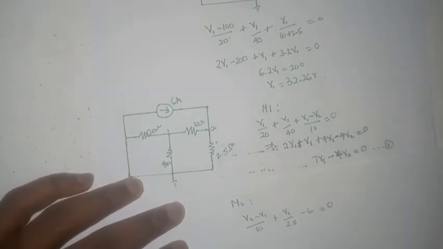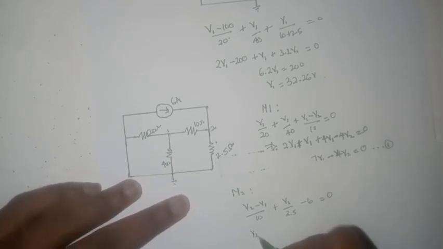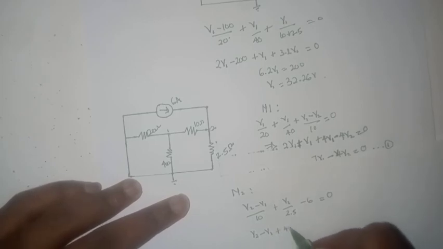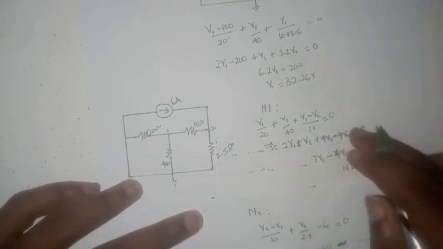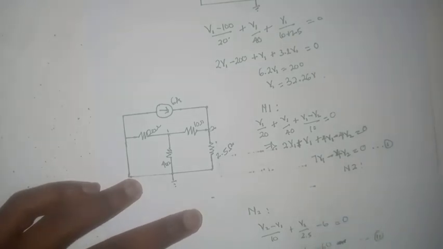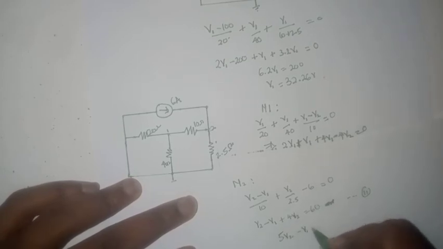We can multiply through by 10, and that would give us V2 minus V1 plus 4V2 equals 60. We can call that our second equation. Simplifying further, we have 5V2 minus V1 equals 60.